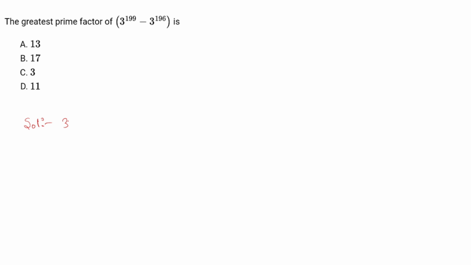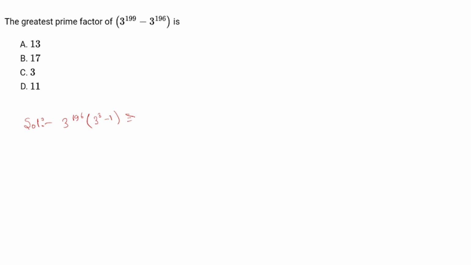So we can write it like this: 3 to the power 196 is common, and the remaining factor is 3 to the power 3 minus 1.